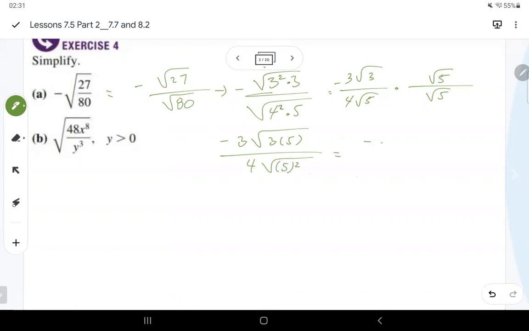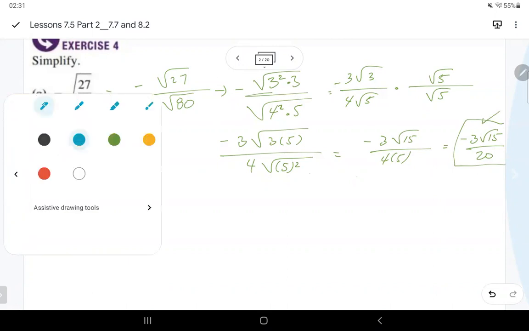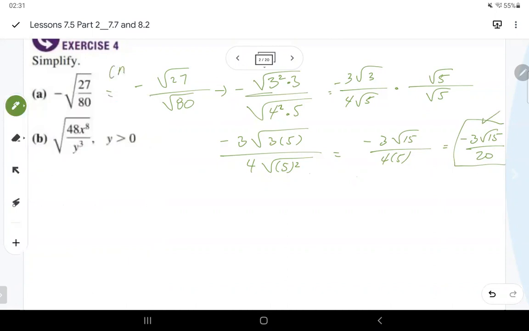So that gives me negative 3 square root of 15 on top, and then 4 times 5 on the bottom, which is negative 3 square root of 15 over 20. That was A.